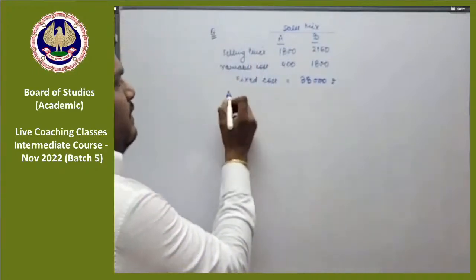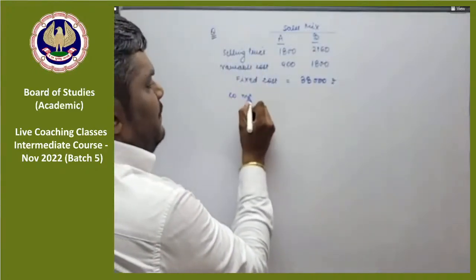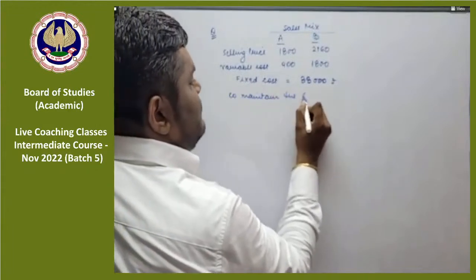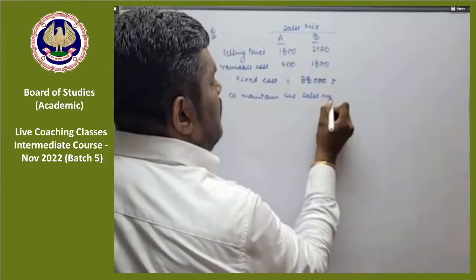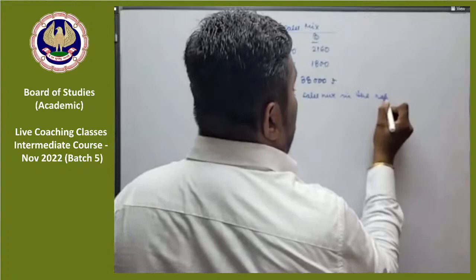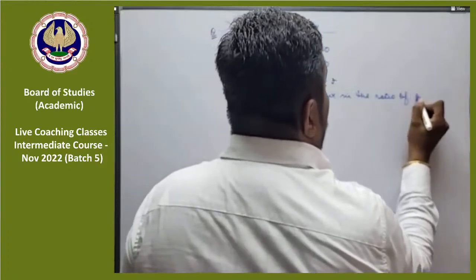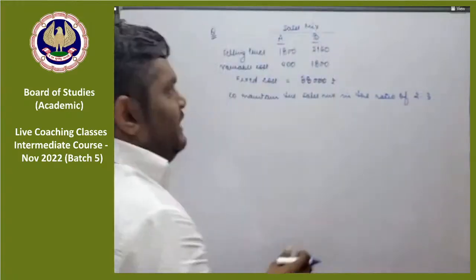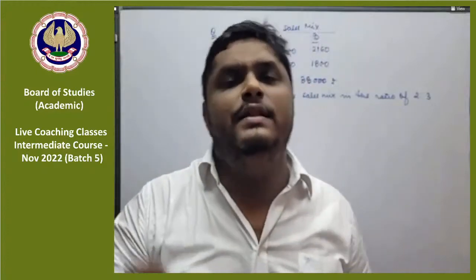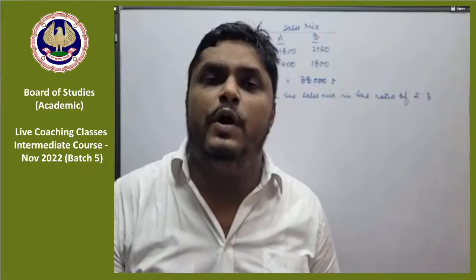Further, it is given that the company maintains the sales mix in the ratio of 2:3. That is, if 2 units are manufactured of product A, then 3 units will be manufactured for product B.